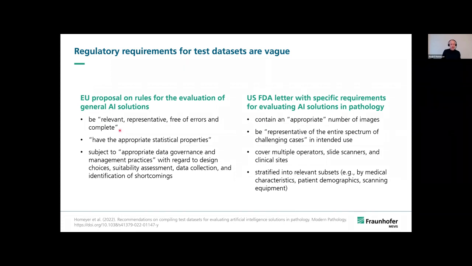For example, test datasets are supposed to be relevant, representative, free of errors, and complete. They should have the appropriate statistical properties, and they should be subject to appropriate data governance and management practices with regard to design choices, suitability assessment, data collection, and identification of shortcomings.